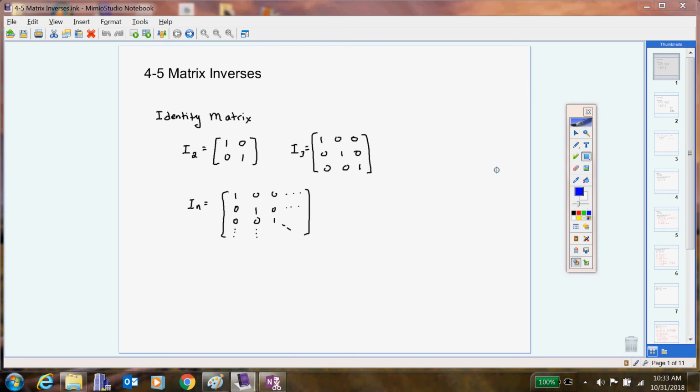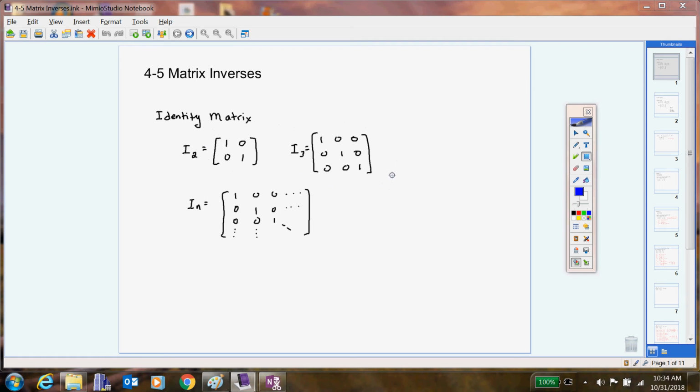Or if I had 2/3 and I multiplied it times 3/2, its inverse, the inverse is the thing you would multiply together to get 1, because 1 is also one of those identity numbers. In order for us to understand inverses, we also have to understand identities.